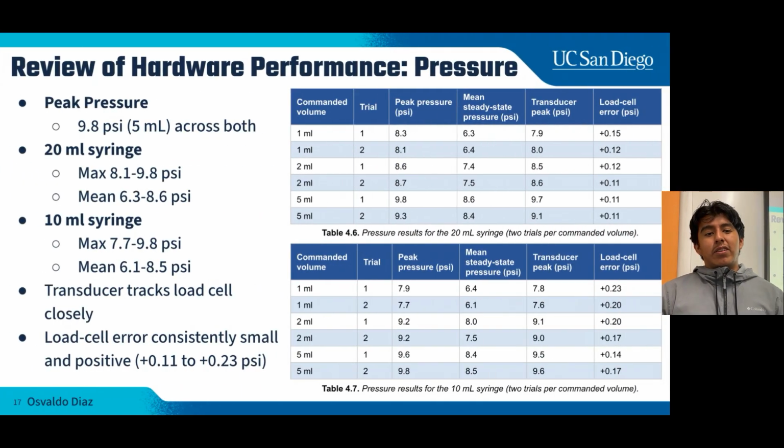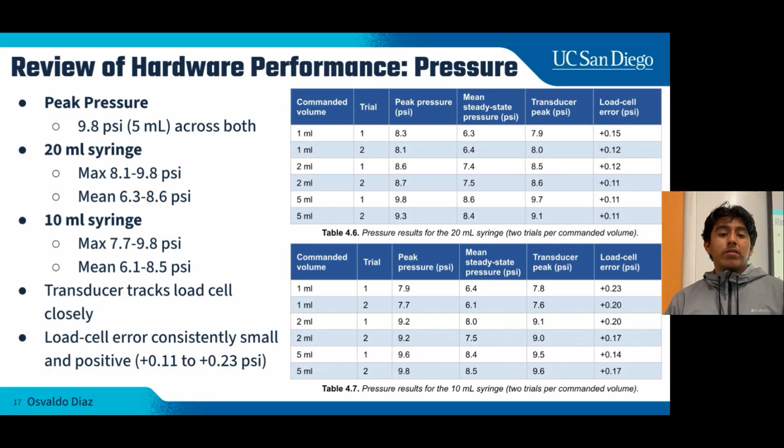Now for our pressure trials, we saw that we had a peak pressure of 9.8 psi across both syringe sizes. Specifically for the 20 ml syringe, the max range was 8.1 to 9.8 psi, and the mean was 6.3 to 8.6 psi, while for the 10 ml syringe, we had a max range of 7.7 to 9.8 psi, and for the mean, we had 6.1 to 8.5 psi.